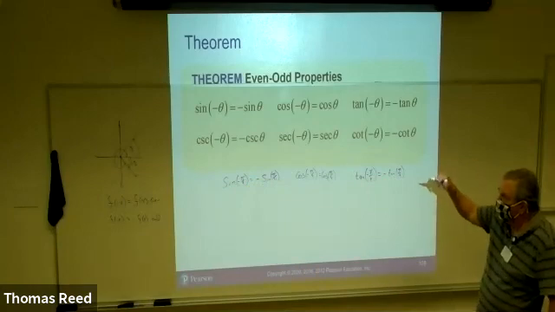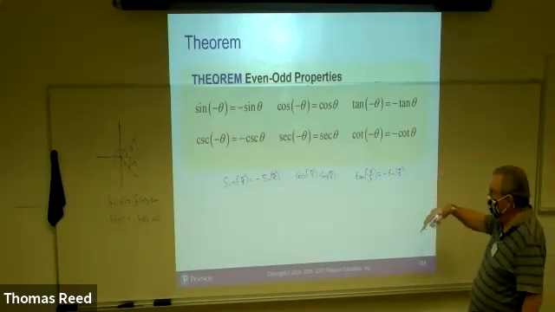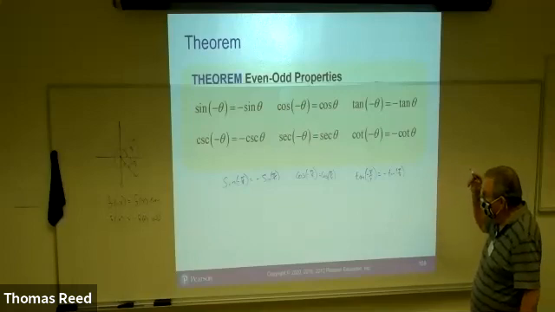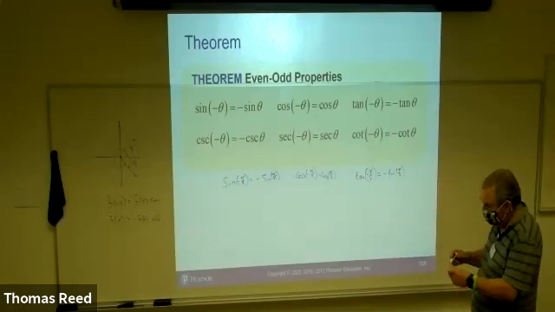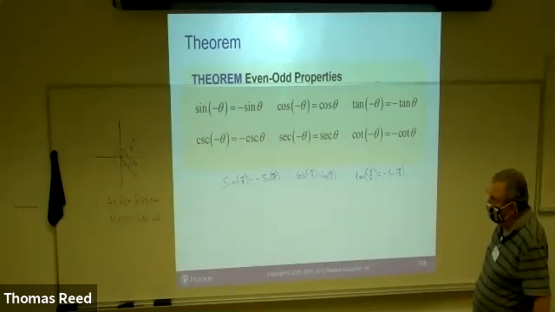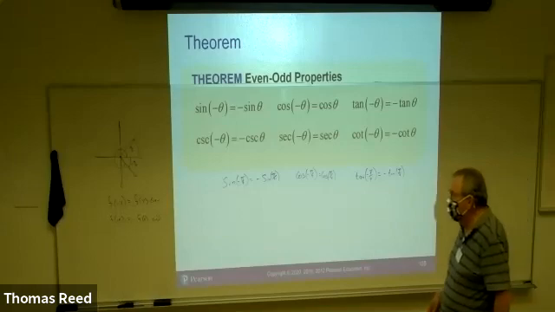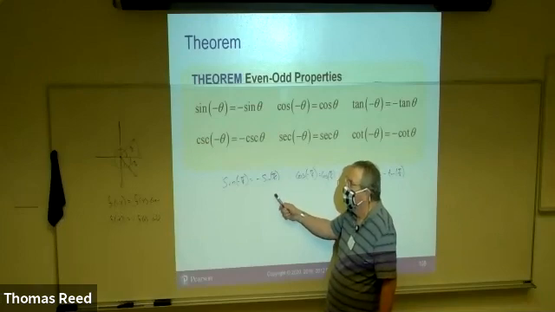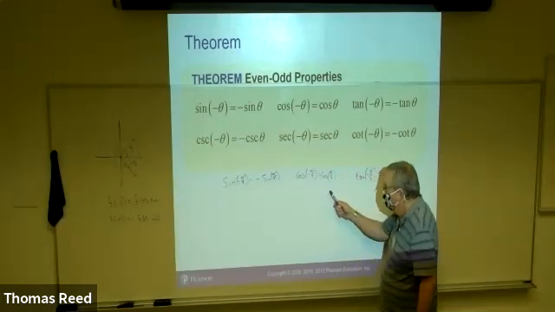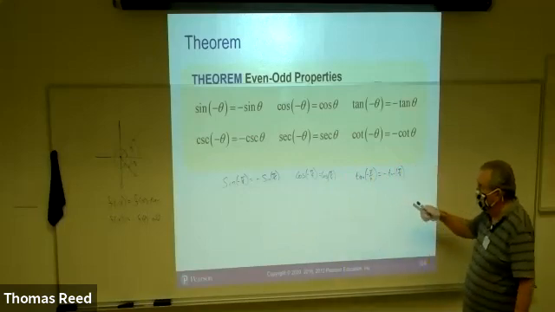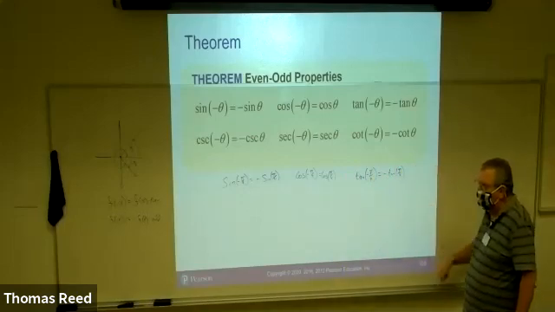So sine and cosecant will be negative, secant will be positive, and cotangent will be negative. It'll be the reciprocal of those values. Cosecant will be negative 2, secant will be positive 2, and cotangent will be negative 1.